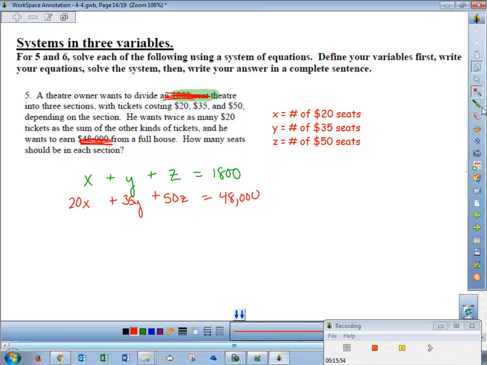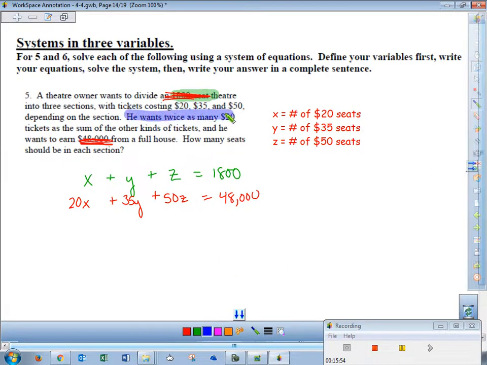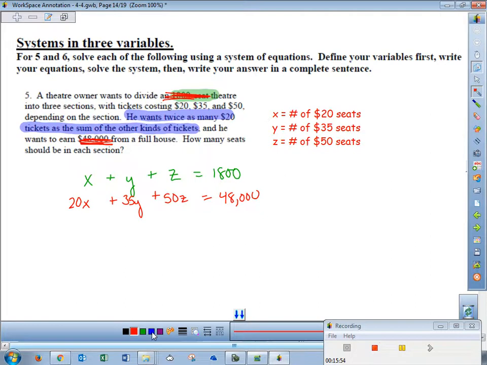The only thing I got left to write about is this part. He wants twice as many $20 tickets as the sum of the other kinds of tickets. This one takes a little bit of, let's go off to the side and figure some stuff out. The phrase "as" shows you that there's an equal sign right there.